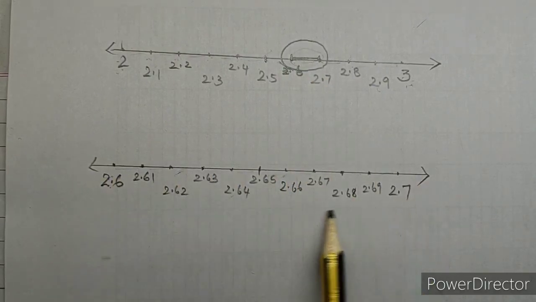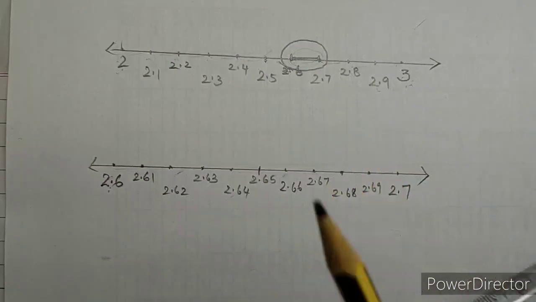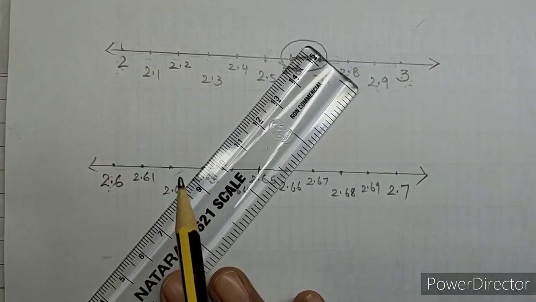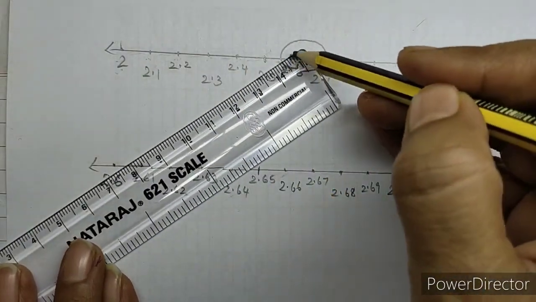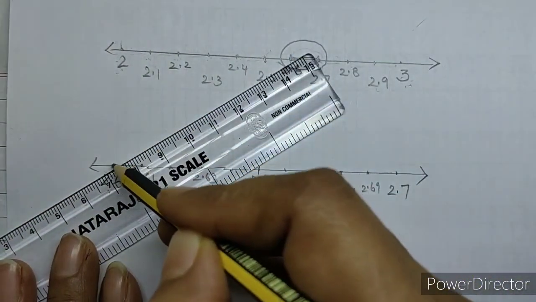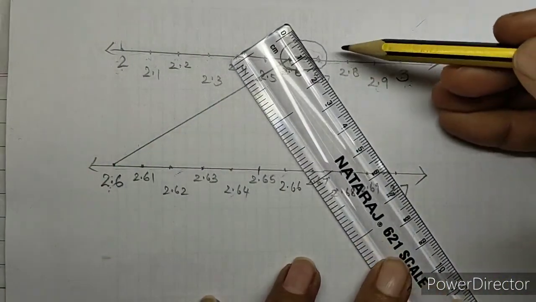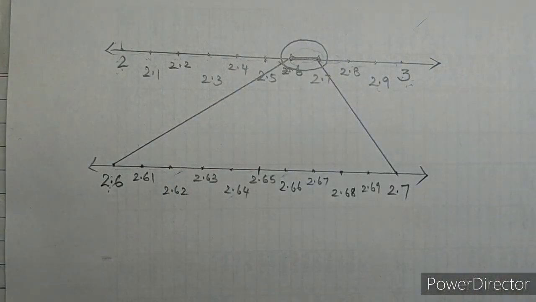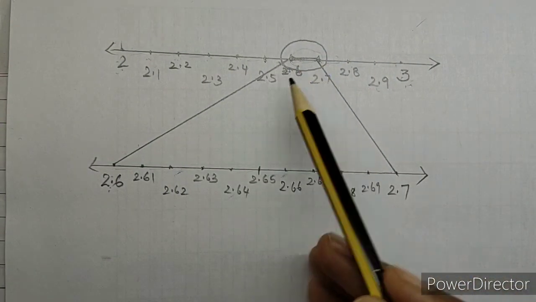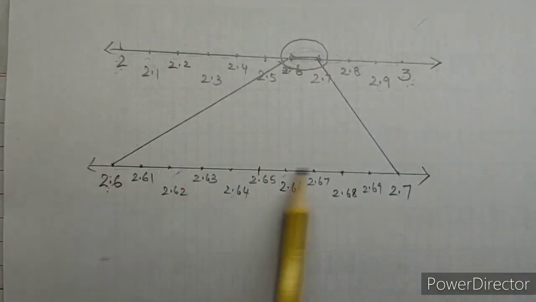So between 2.6 and 2.7 we have now marked. Magnifying means you keep a scale and draw lines from the point 2.6 and from the last point, so that only this part is magnified and drawn as a big line.